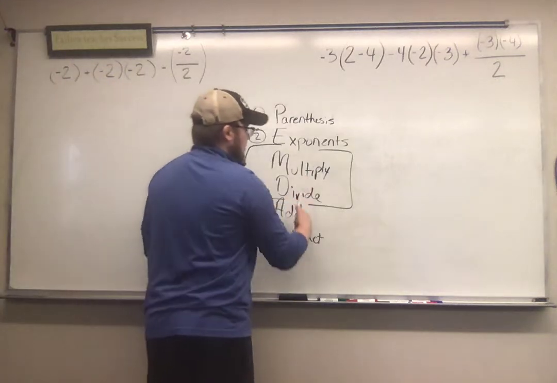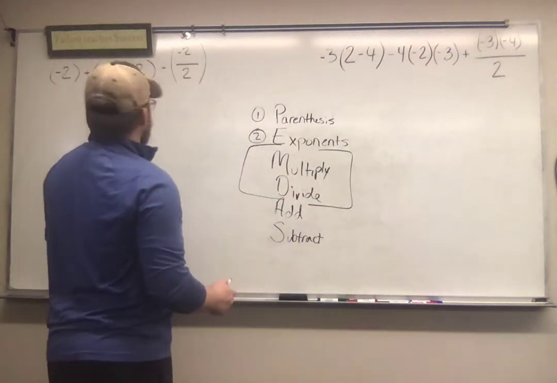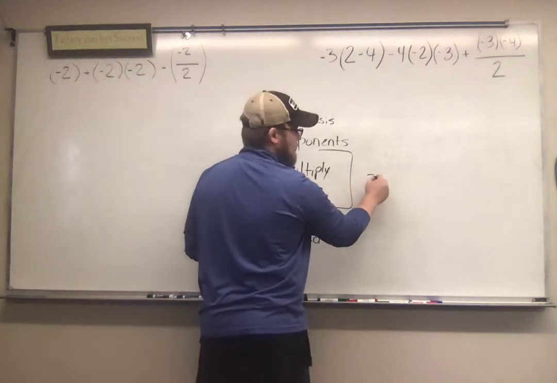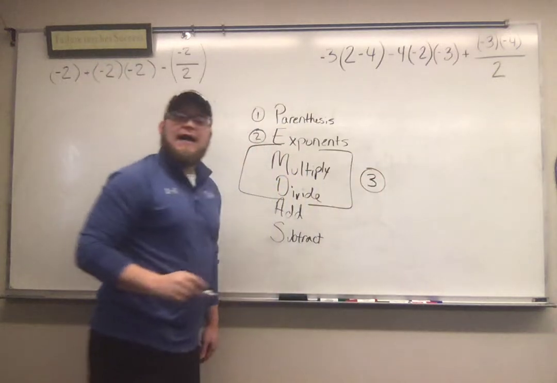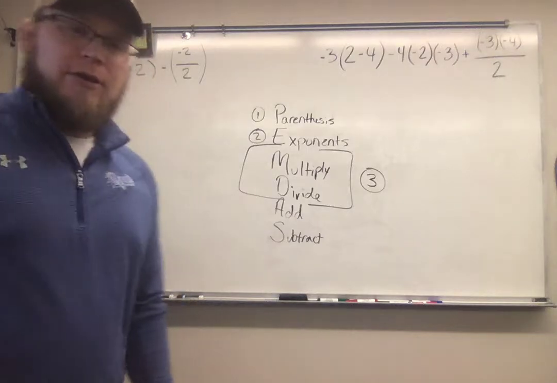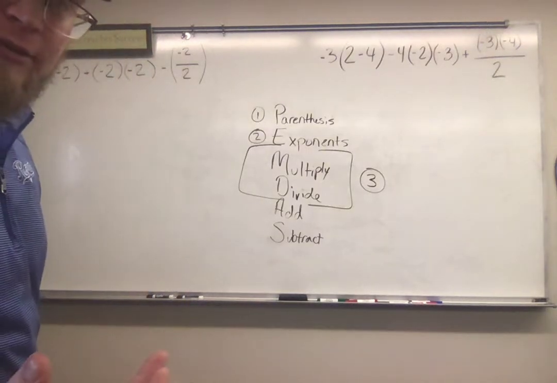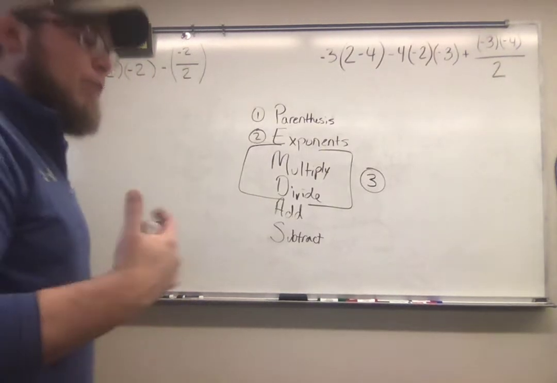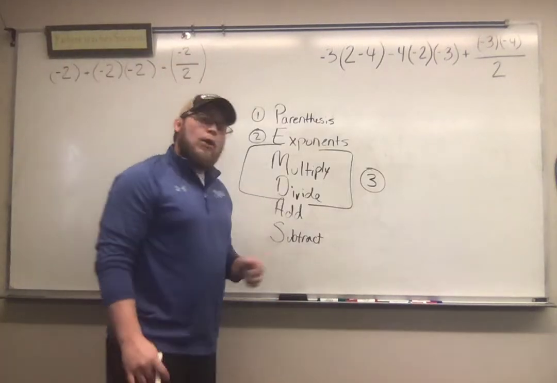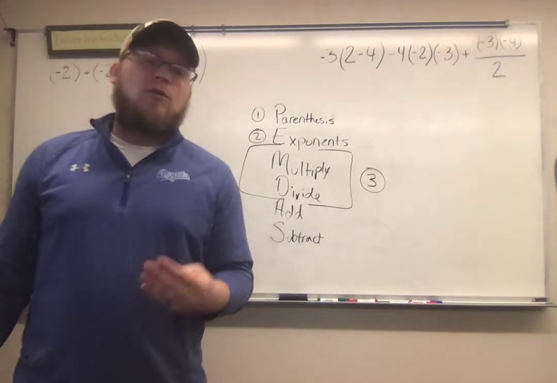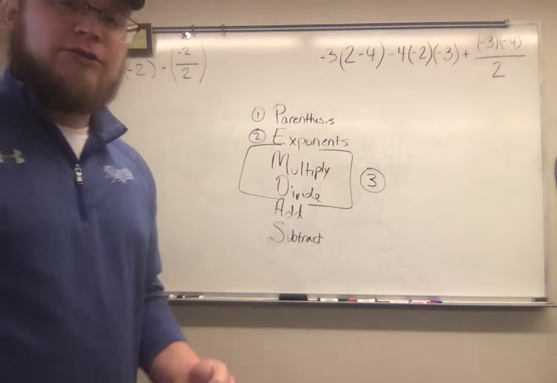I'm going to put like a golf score tie. They are both tied for third. Sometimes you do divide first, and sometimes you multiply first. Again, what does it depend on? It depends on which one is listed first.